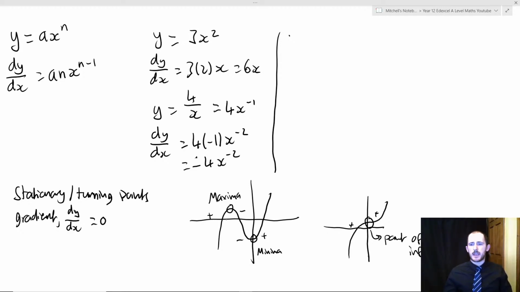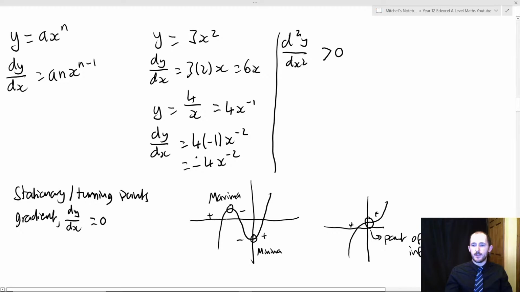Okay? So how can we tell which one it is mathematically? Because sometimes we don't want to draw the graph or we don't know what it looks like. Well, that means you're going to take the second order derivative. So this is really just fancy talk for differentiating again. Okay? And if you differentiate it again and it is greater than 0, i.e. the rate of change is positive, then you're looking at a minima.